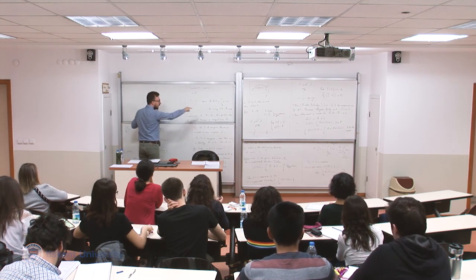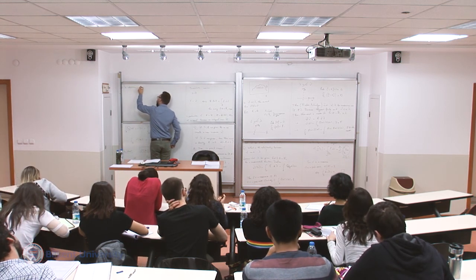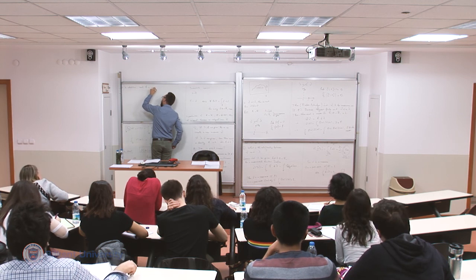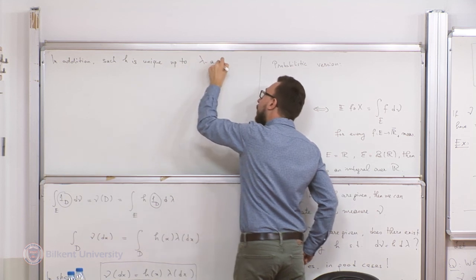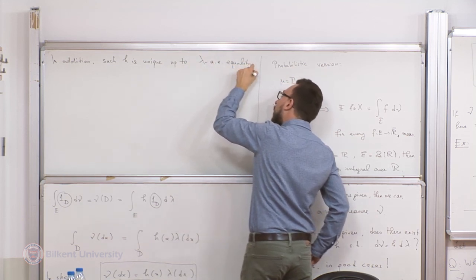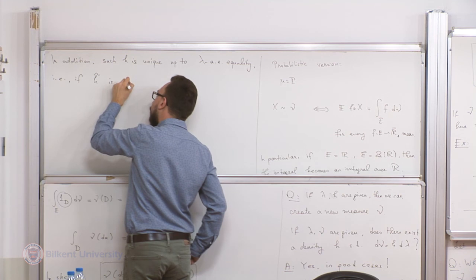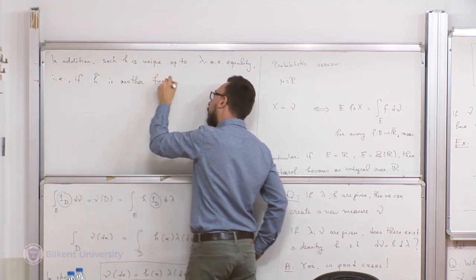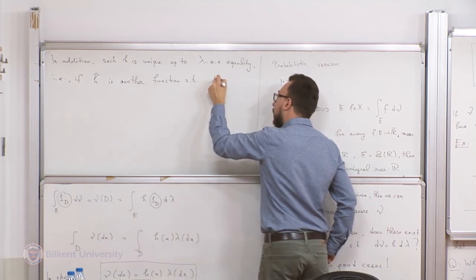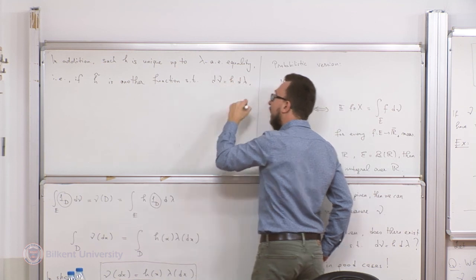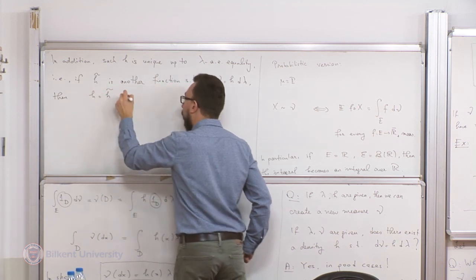Let me add one more statement. In addition, such h is unique up to lambda almost everywhere equality, meaning that if h tilde is another function such that d nu equals h tilde d lambda, then h and h tilde must agree almost everywhere.